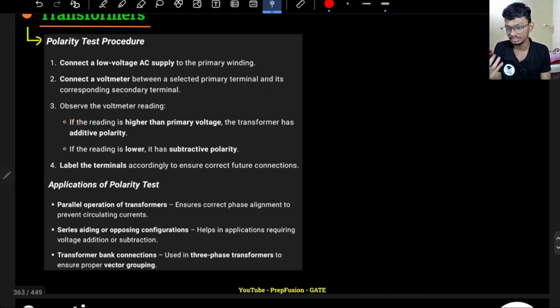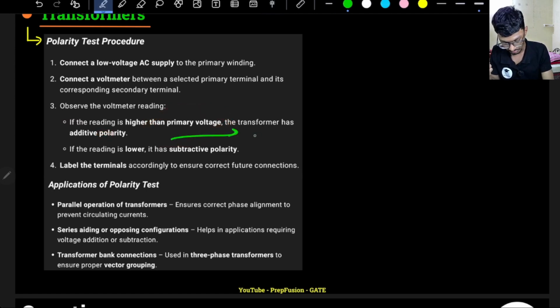If the reading is higher than the primary voltage, that means it is additive polarity, because my reading Vm will either be V primary plus V secondary, or it will be the difference, V primary minus V secondary.